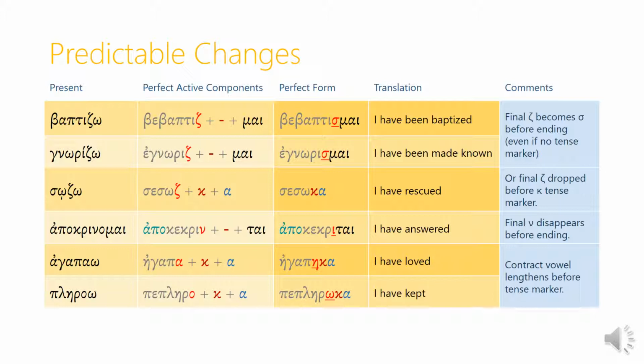But the alpha at the end of the stem lengthens to an eta. So we have agapeka, I have loved. And similarly with plerao, we have peplera plus kappa plus the alpha connecting vowel. And that omicron at the end of the stem lengthens to an omega. So we have pepleroka, I have kept.